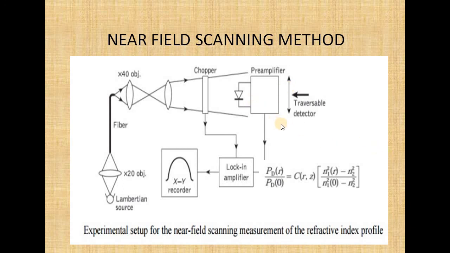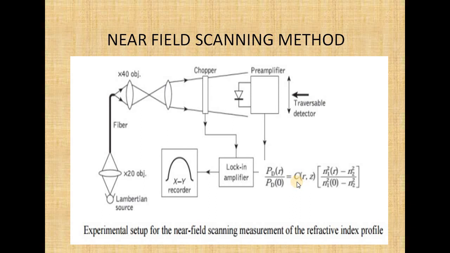Then the near field optical power density at the radius R from the core axis, PD(R), can be expressed as a fraction of the core axis near field optical power density, PD(0).